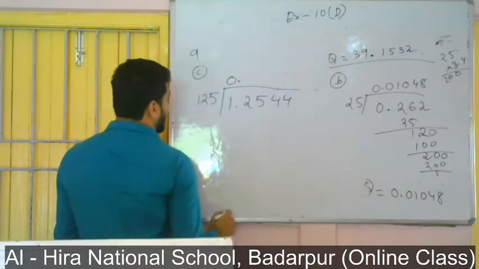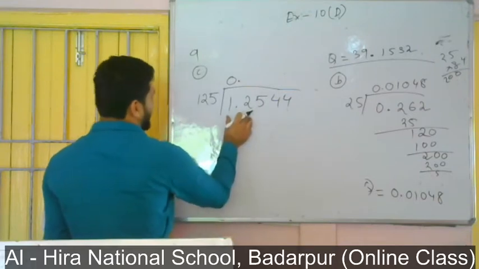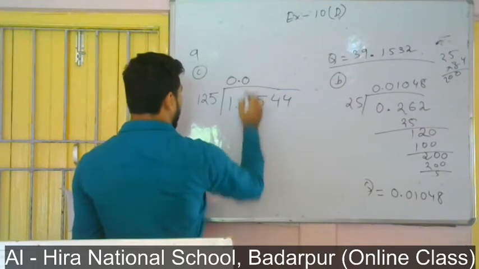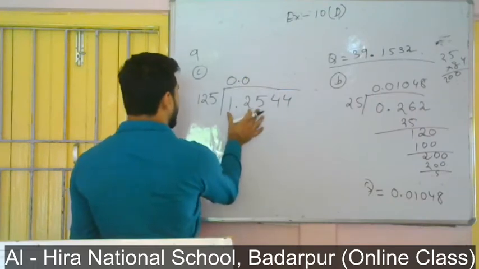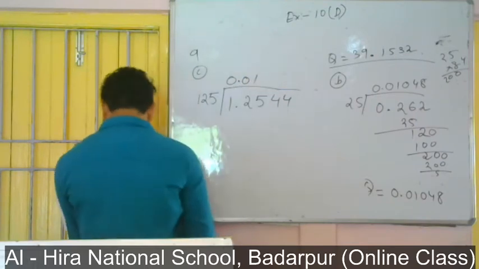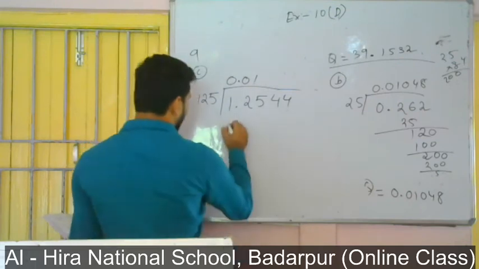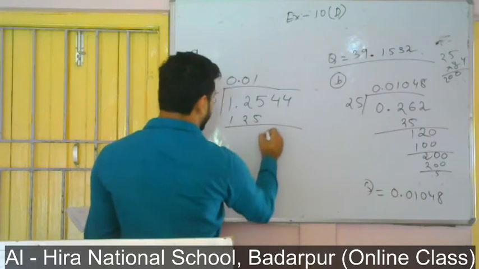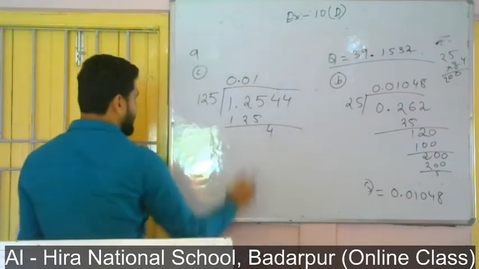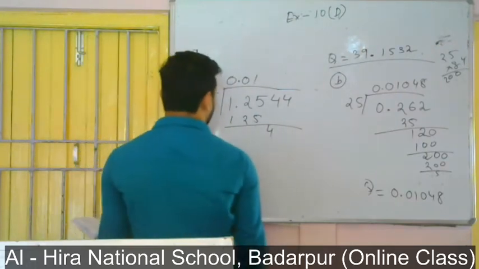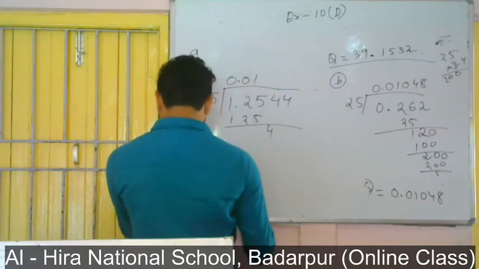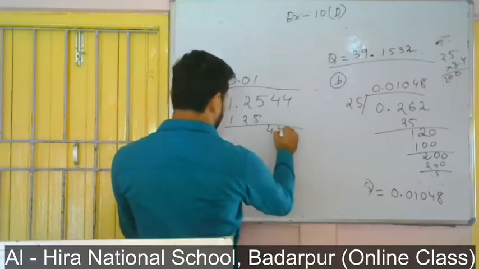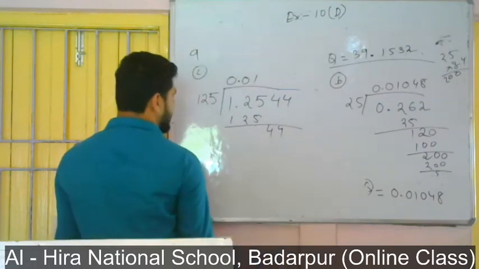After that we'll take 12. Then it is also not divisible, so we'll put 0 again. After that we'll take 5, so it is divisible, so you can write 1. 125. After that we'll take 4. So 4 is not divisible. We'll take this one, this one is also not divisible.